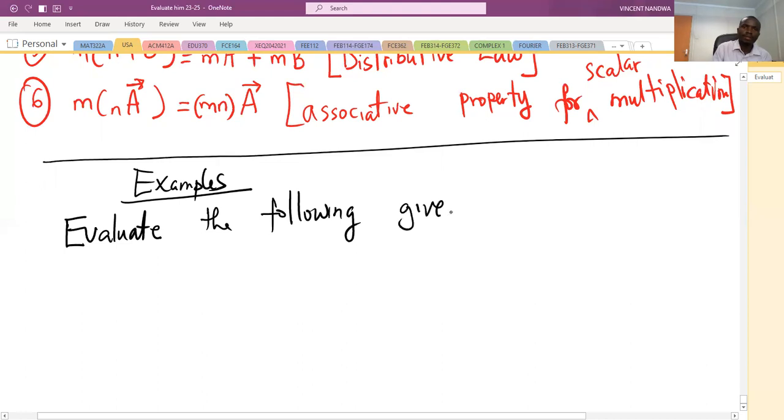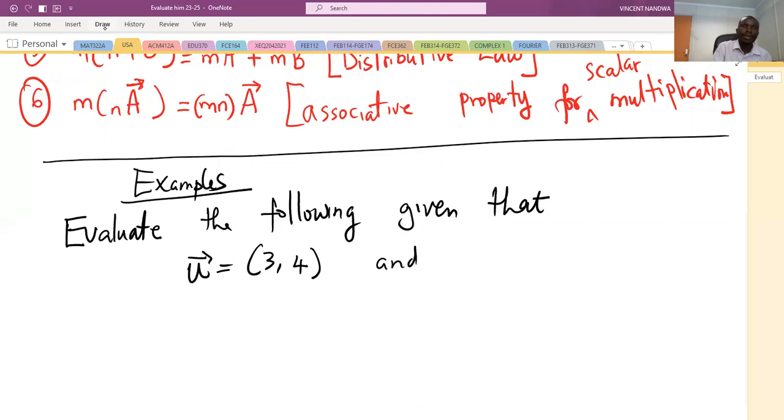Given that, I have u vector given by (3, 4), and so u, v, and w.